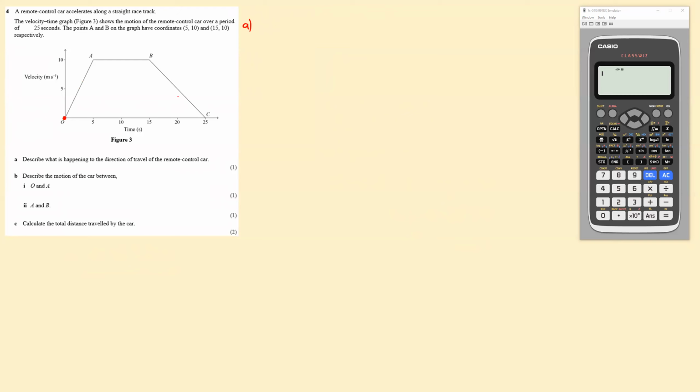And then you're just slowing down. At no point do you turn back. So it travels in the same direction. In this case, I'm going to put positive because it's always a positive velocity.